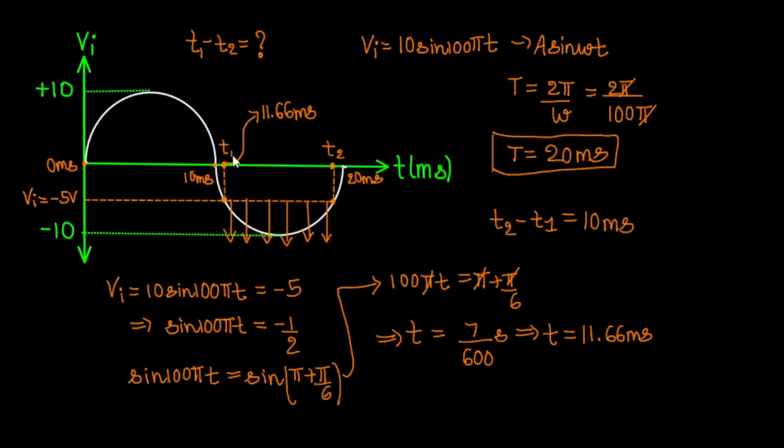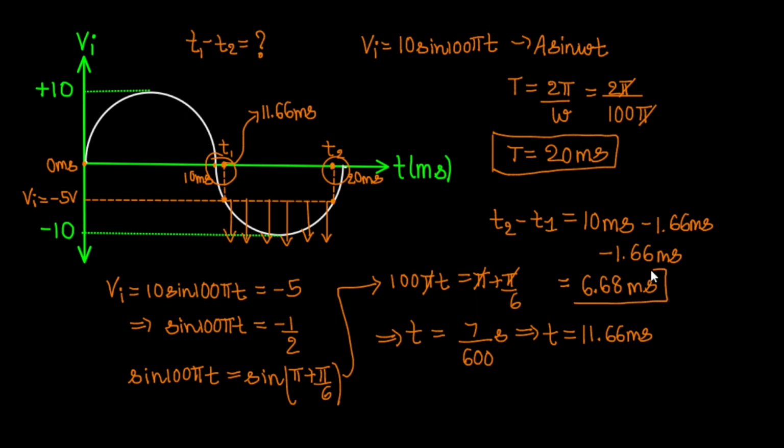From those 10 milliseconds, I am removing the small difference of 1.66 milliseconds, which comes from this point, and I have to subtract another 1.66 milliseconds, which comes from this point. So T2 minus T1 is the time duration we have to find. 10 minus 1.66 minus another 1.66 is 6.68 milliseconds.